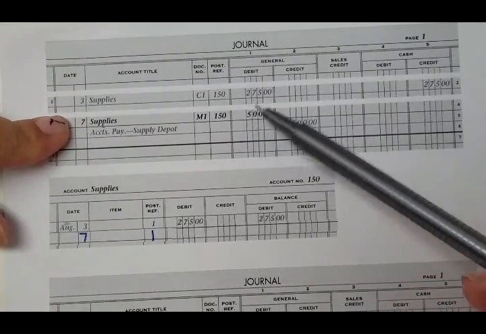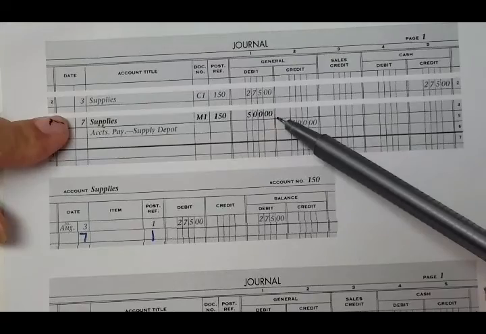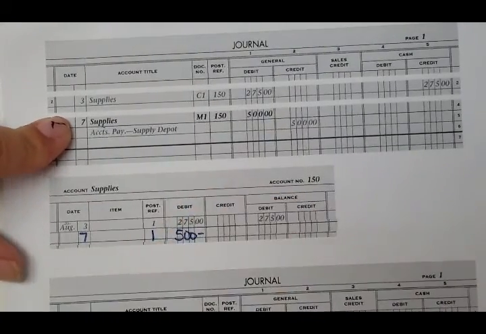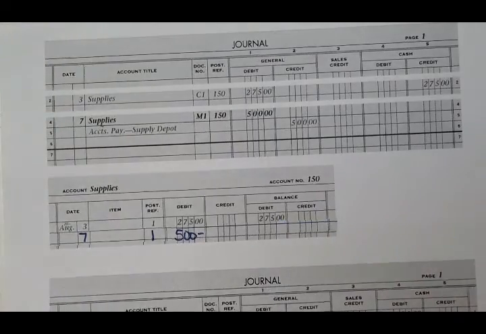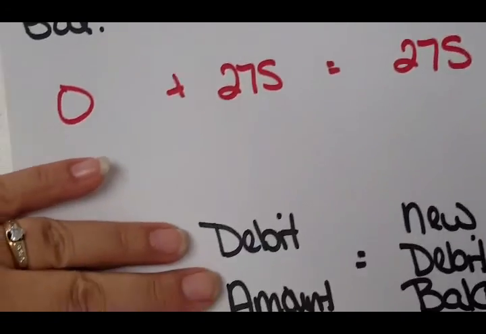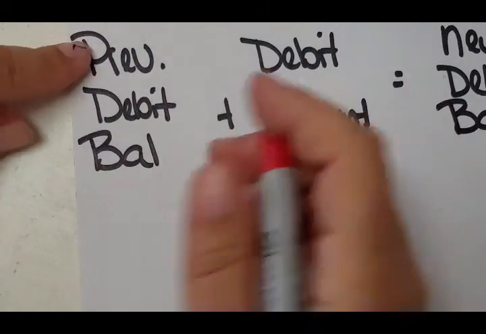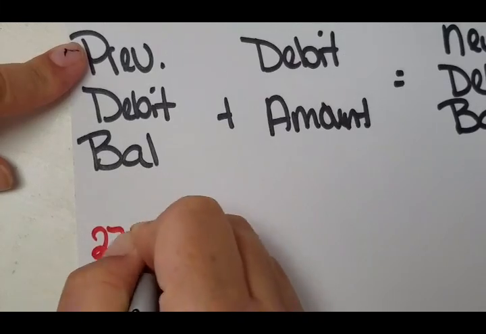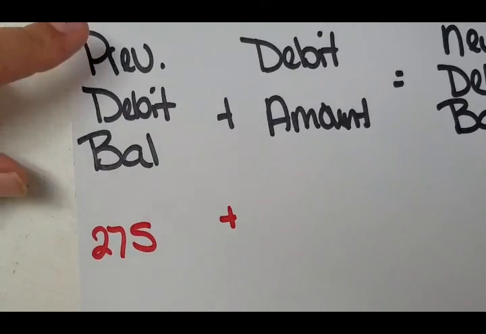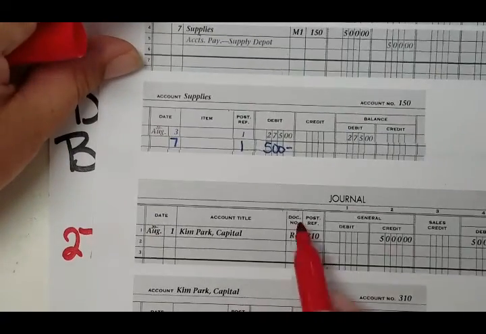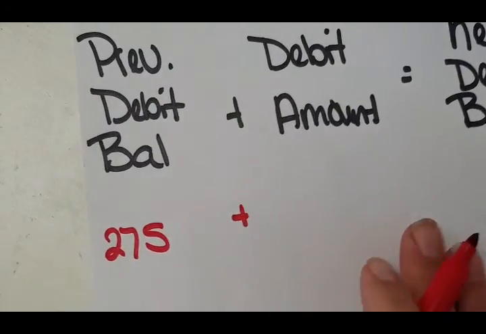Now comes the copy. This was a debit of $500. This will be a debit of $500. Now to figure the balance. This time our previous balance was $275 plus this transaction, which was a debit of $500.